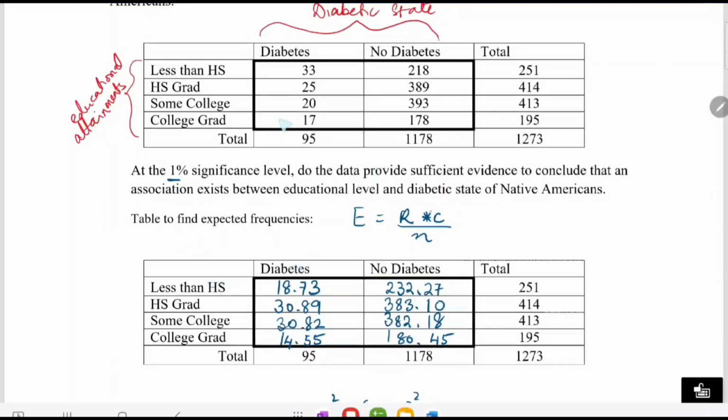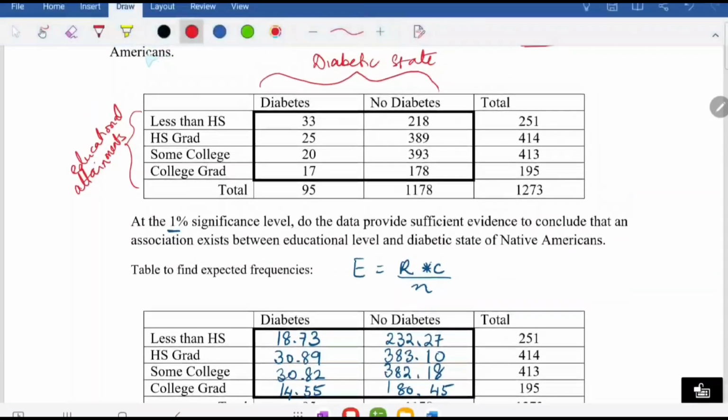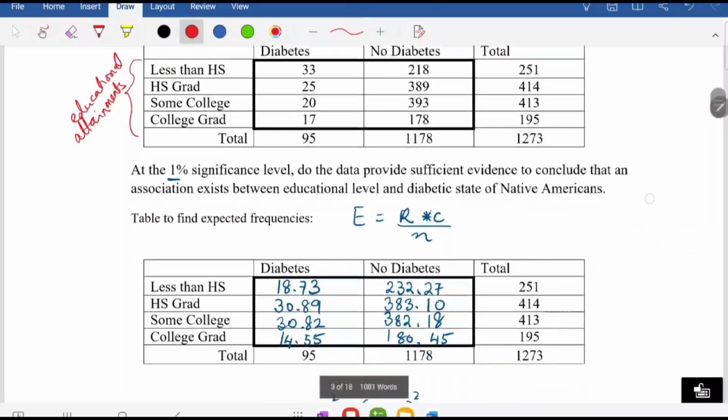Now, we first have to find the expected frequencies. We are going to use the chi-square distribution for this test. So let's write the formula for the chi-squared distribution here again.